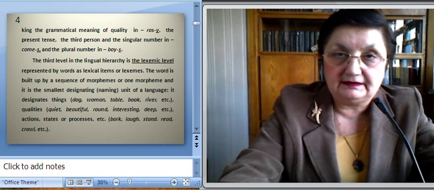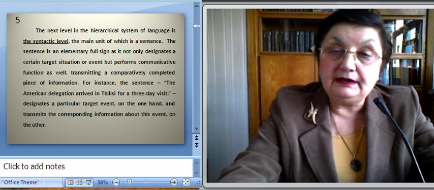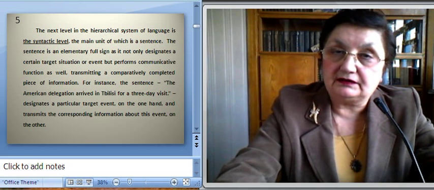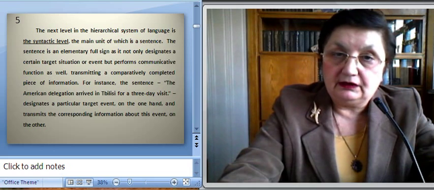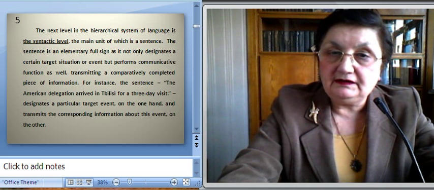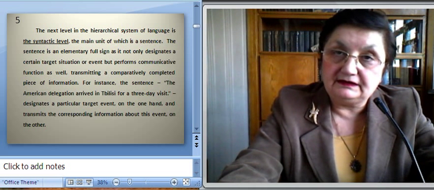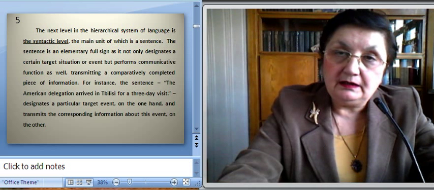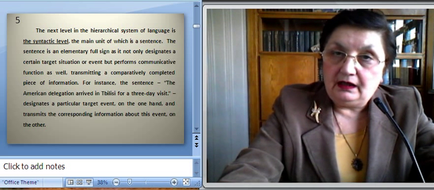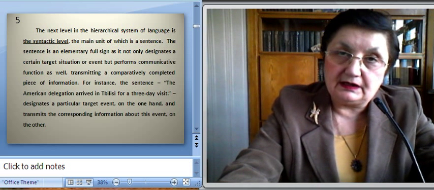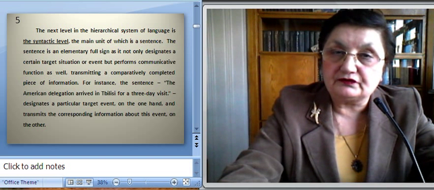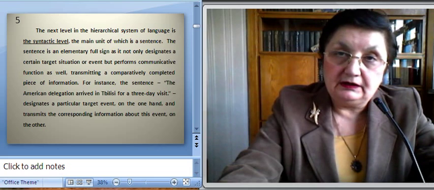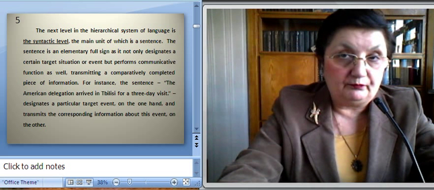The next level in the hierarchical system of language is the syntactic level, the main unit of which is a sentence. The sentence is an elementary full sign, as it not only designates a certain target situation or event, but performs communicative function as well, transmitting a comparatively completed piece of information.